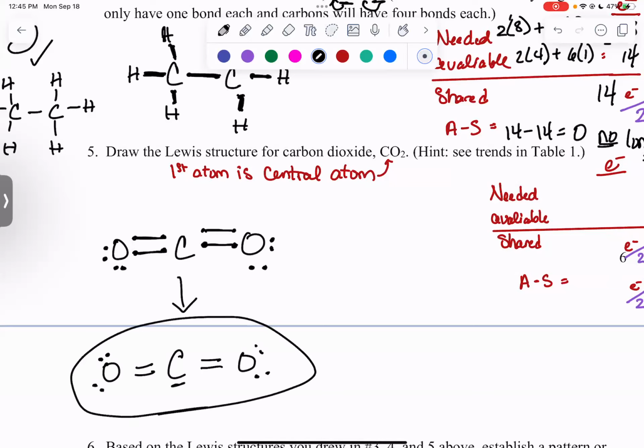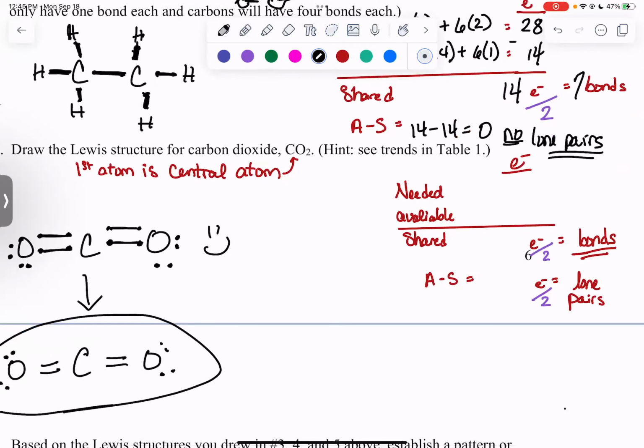Carbon has 2, 4, 6, 8 electrons, and then each oxygen has 2, 4, 6, 8 electrons. So this structure looks good. If you wanted to know right off the bat that it would need double bonds, you can do that.